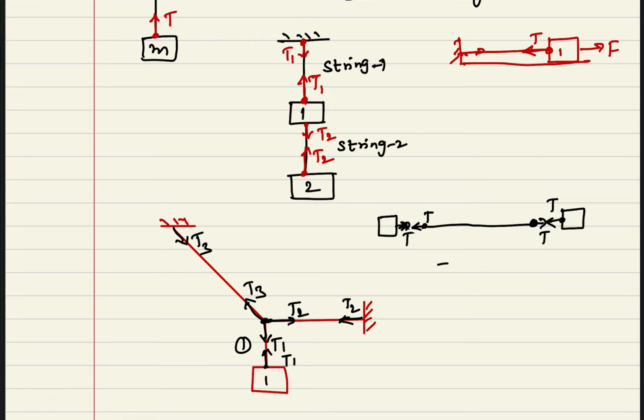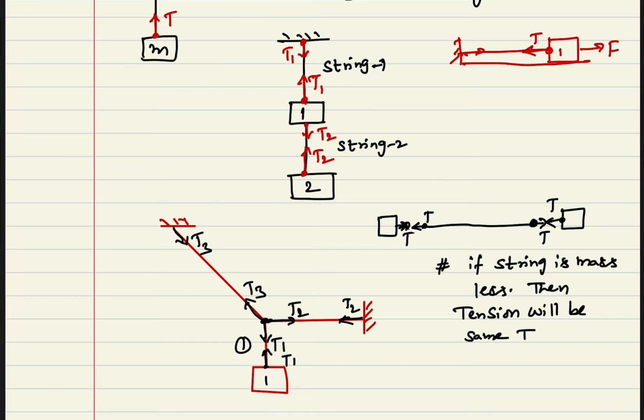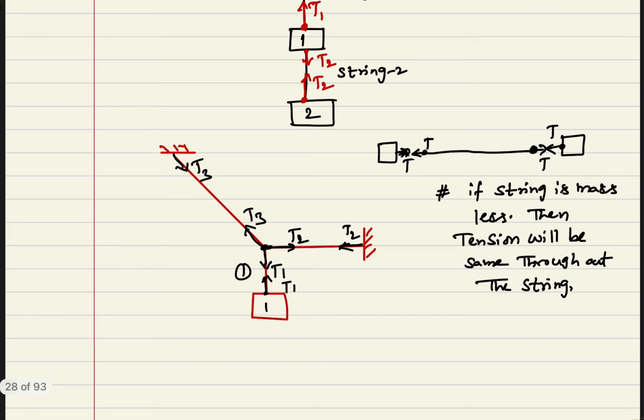If the string is massless, then tension is the same throughout the string. Next, if the string is massive, tension will be different at different points.